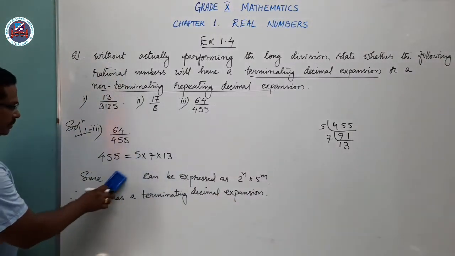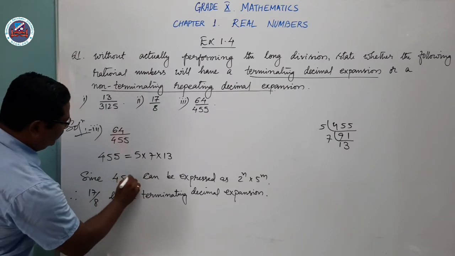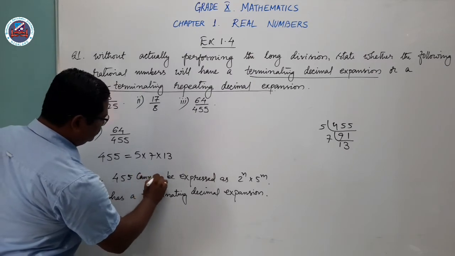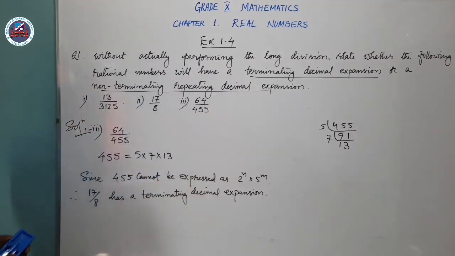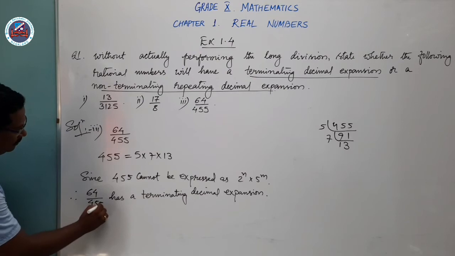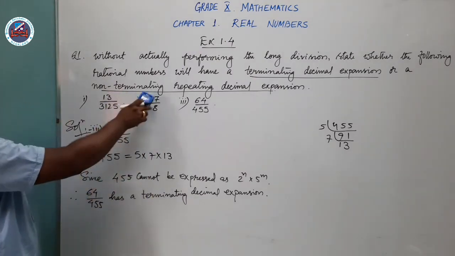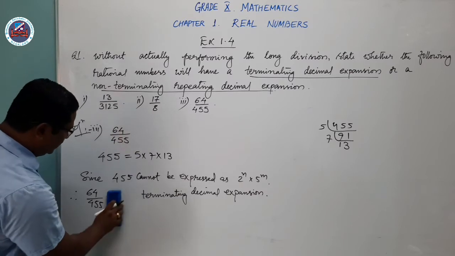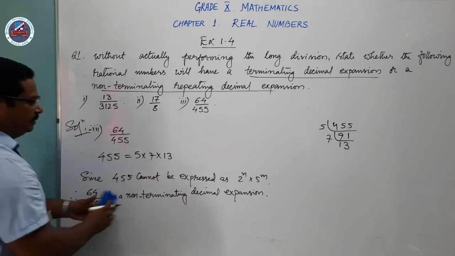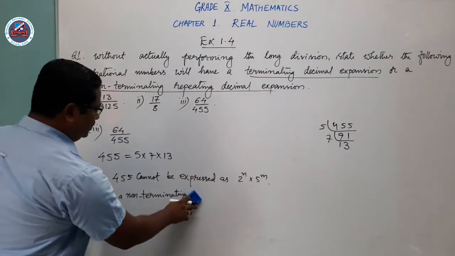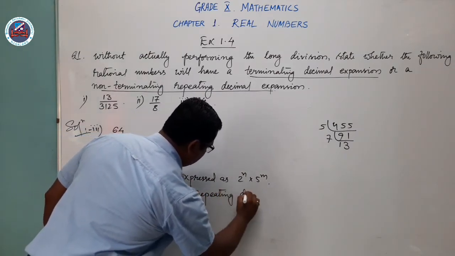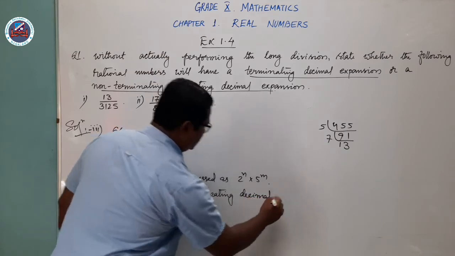So here, since 455 cannot be expressed as 2 to the power n into 5 to the power m, 64 by 455 has a non-terminating repeating decimal expansion.